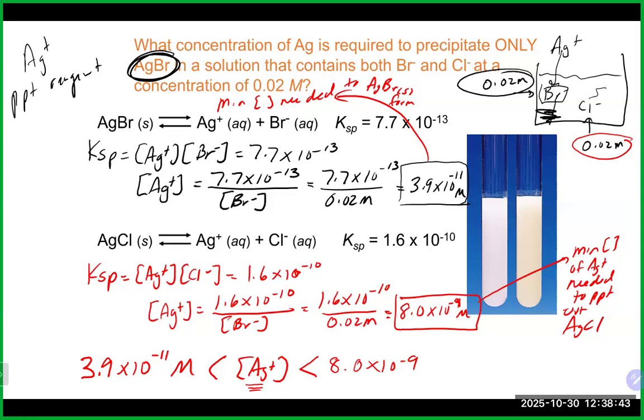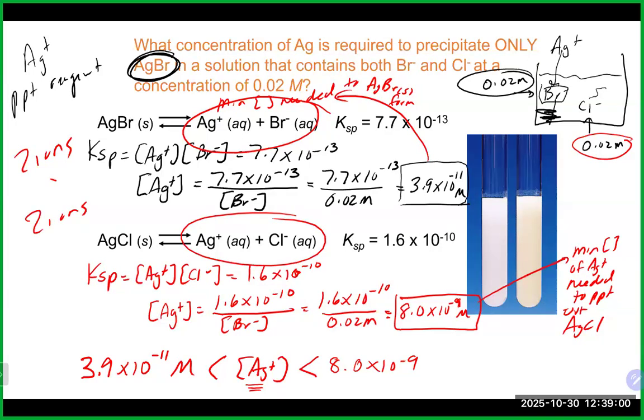The answer is yes, because in this case they both make how many ions? They both make 2 ions, right? That is what we were talking about earlier today: you could use the Ksp value to figure out which one should be more soluble or less soluble.